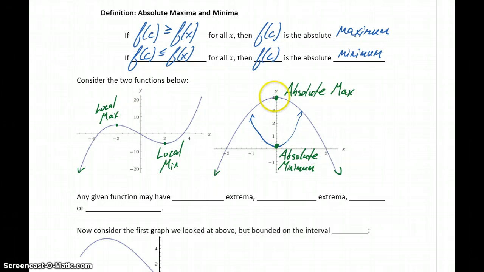Now each of these points are also a local maximum and a local minimum because our graph is changing directions from increasing to decreasing, from decreasing to increasing. But using this word absolute for the maximum and minimum just makes it a stronger statement, saying that that's the function's maximum value, not just its largest value in some relative range.